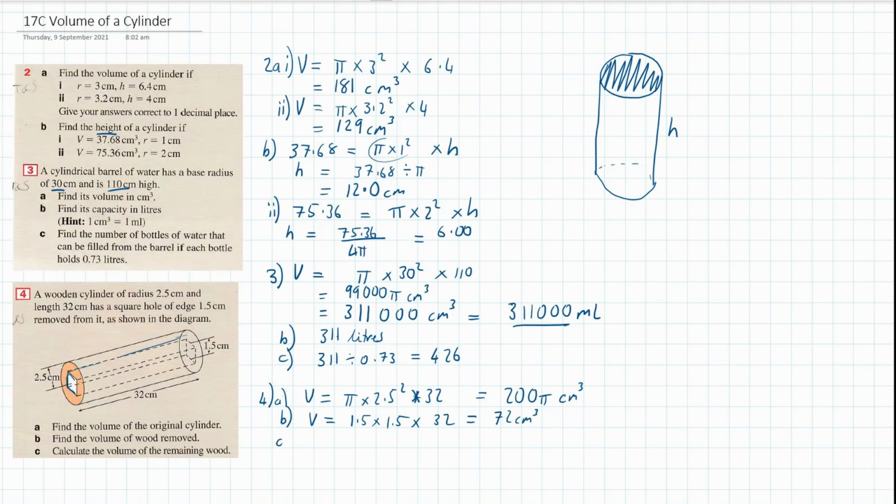Therefore the volume of the remaining wood is 200 pi subtract that bit we've cut out. 200 pi minus 72 equals 556 to 3 significant figures.